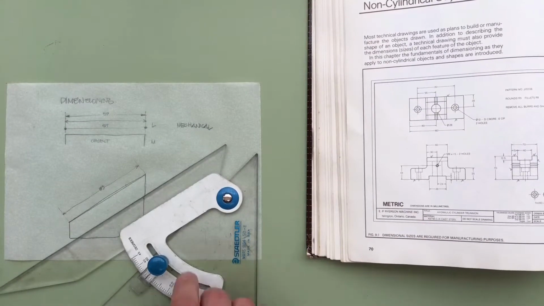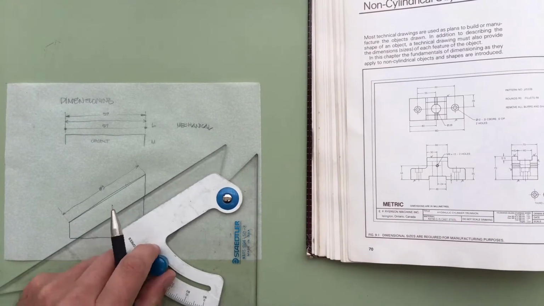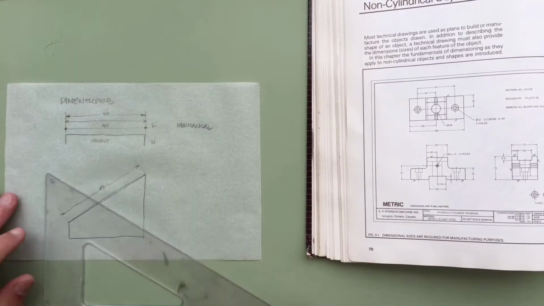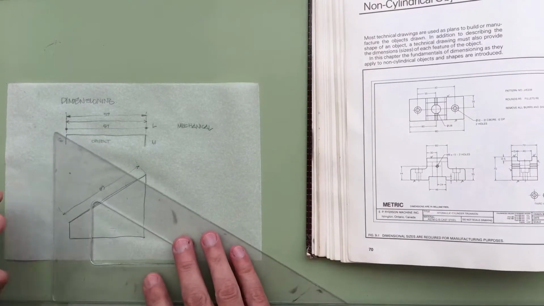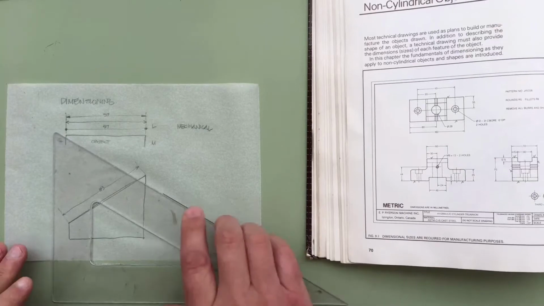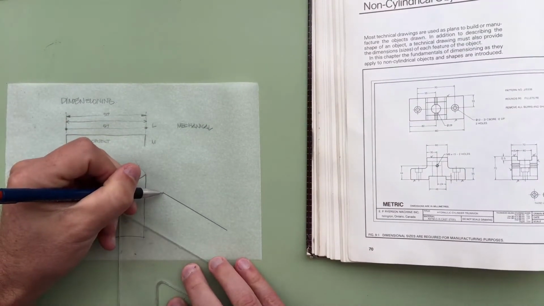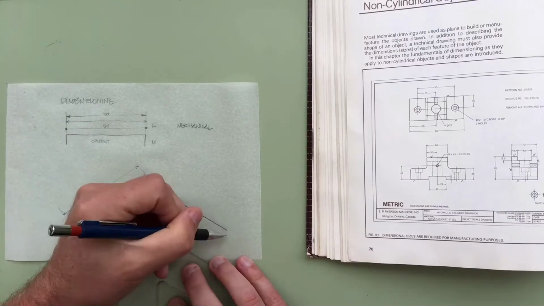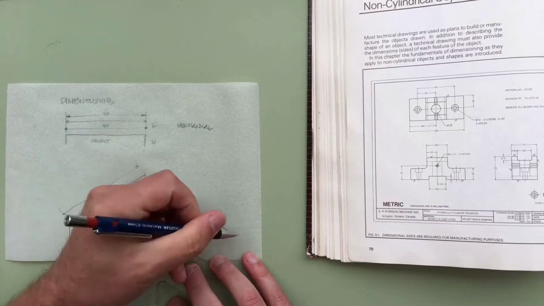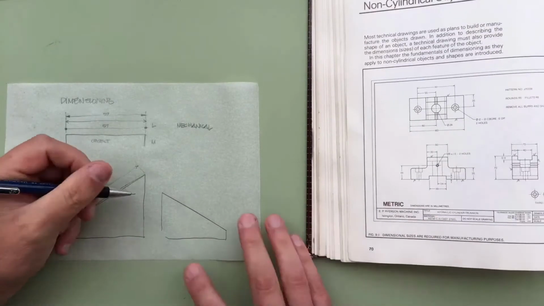Now, if the angle is going in the other direction, the same rule applies. So here, there's my face of object. And now I'll just draw the verticals on it. I'm just drawing object lines here. And interrupt with questions, folks, whenever you have them.